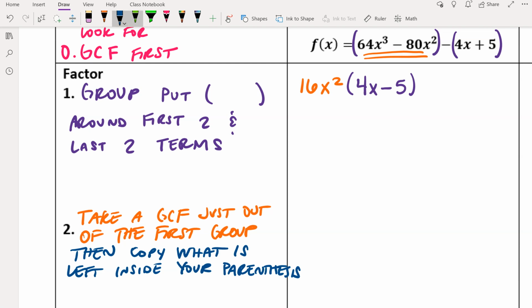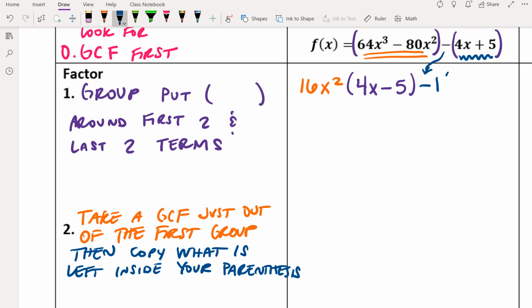So really quick, if I took a GCF out of this, what do 4 and 5 have in common? They can both be divided by what number? 1. So we're going to think of always bring down your sign, minus, and then you're taking the other GCF out.